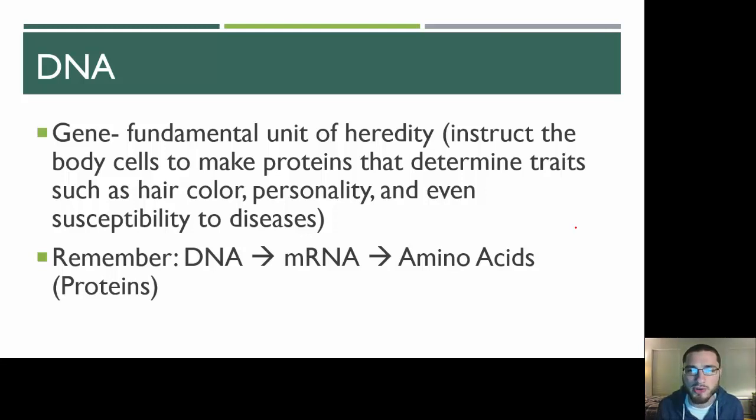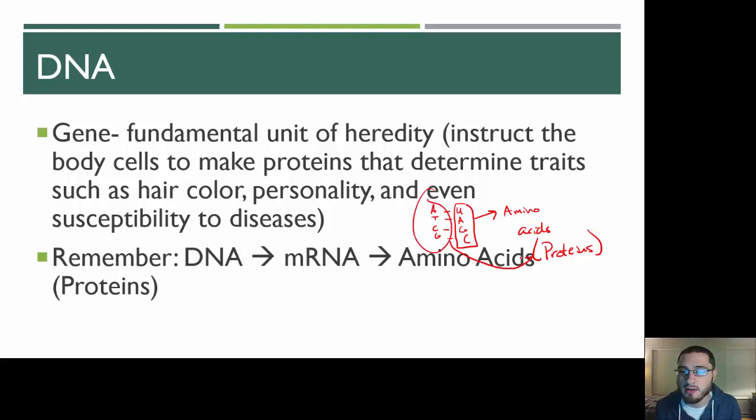So we always think about DNA as being our nitrogenous bases, our A's, our T's, our C's, our G's, but they are going to make our mRNA, which is going to make our U's, A's, G's, and C's, and then this mRNA can be used as the instructions to make our amino acids, and amino acids are the building blocks of proteins.